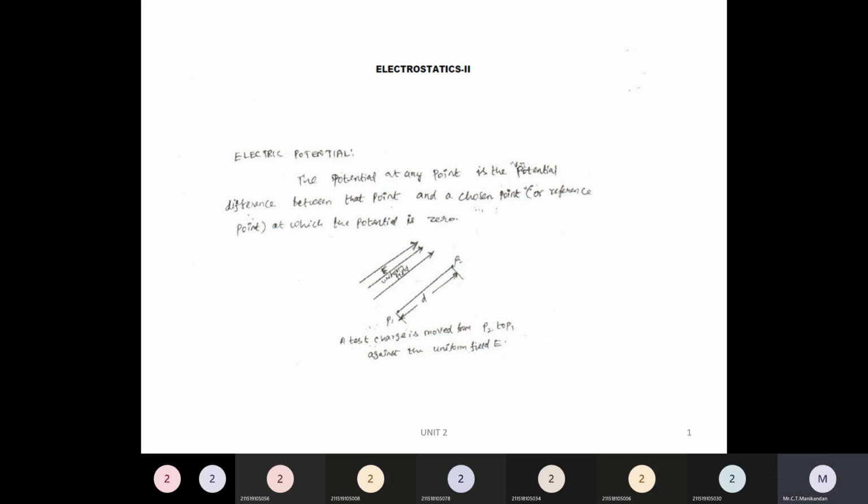So we are moving the charge from one point to another point against the electric field. From P1 to P2, we are moving the test charge against the electric field. What will be the term?